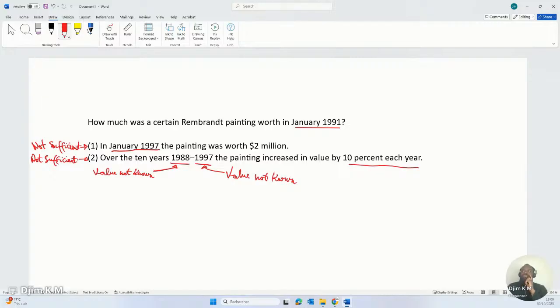But if we take the two conditions together, what condition one tells us is the value of the painting in 1997. So the value is now known. This $2 million of value is actually the result of a 10% increase each year from 1998 to 1997.